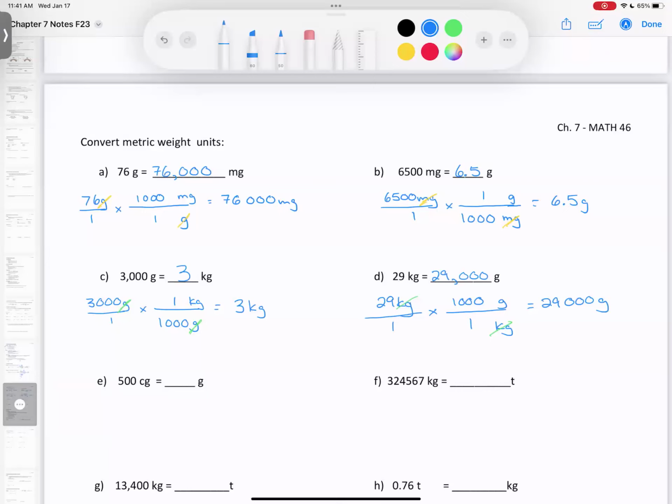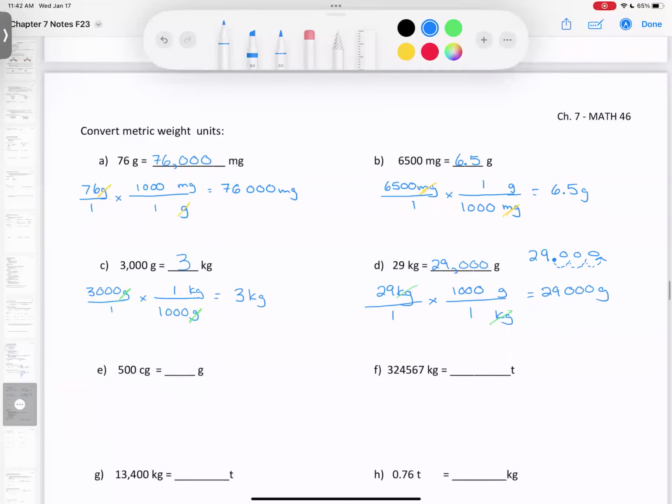We want to get to grams, which is 1, 2, 3 stairs over to the right, which means that our answer is going to move our decimal place 3 over to the right. So we started with 29 kilograms, so our decimal was right after the end of that whole number there. We're moving 3 over to the right, so our decimal place is going to move 3 over to the right, which means our answer then would be 29,000. So that's another way to do these if you prefer.